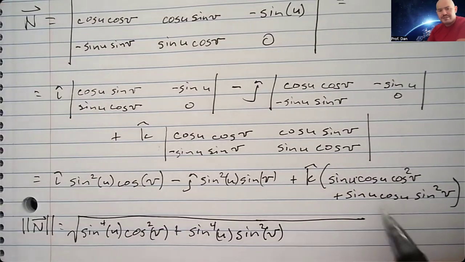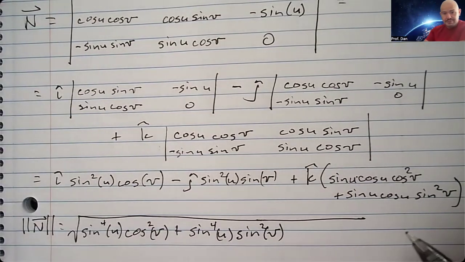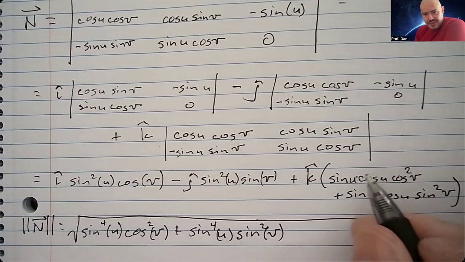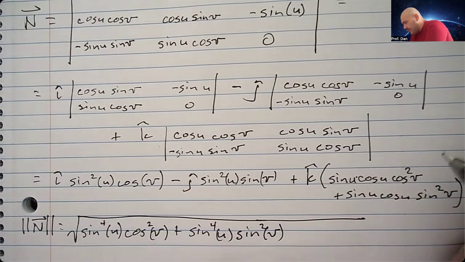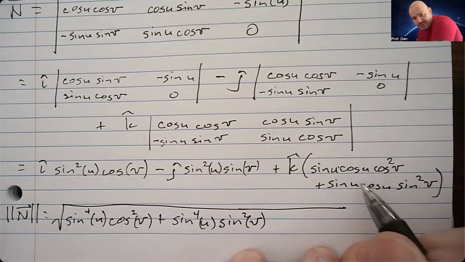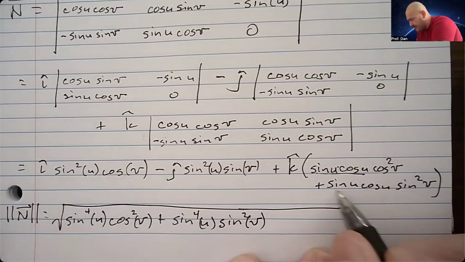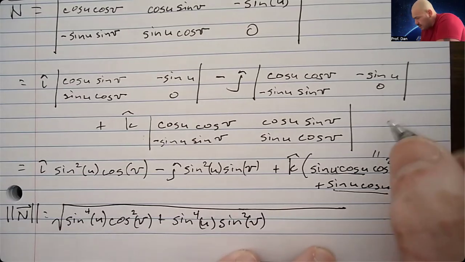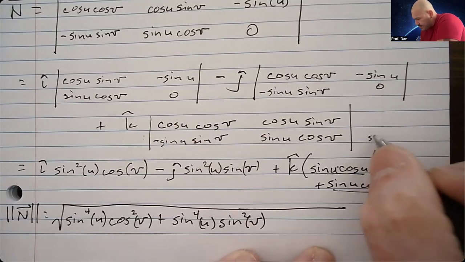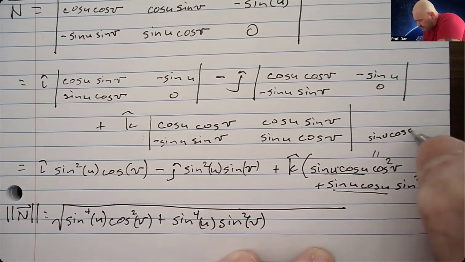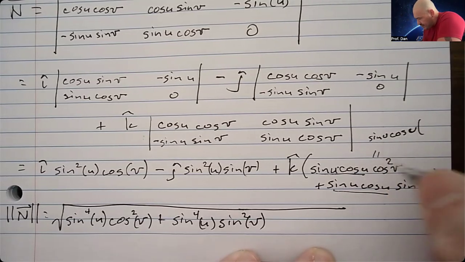And then before I square the k component, I'm going to do a little bit of simplifying. Both of the terms in my k component have sine u, cosine u, so I can factor out sine u, cosine u. And what do I get left behind?